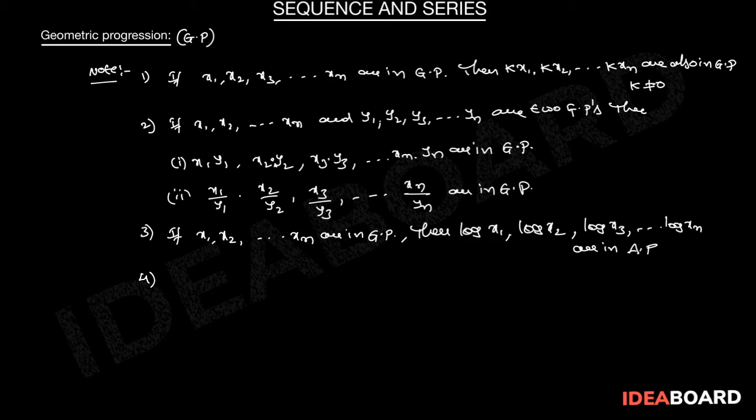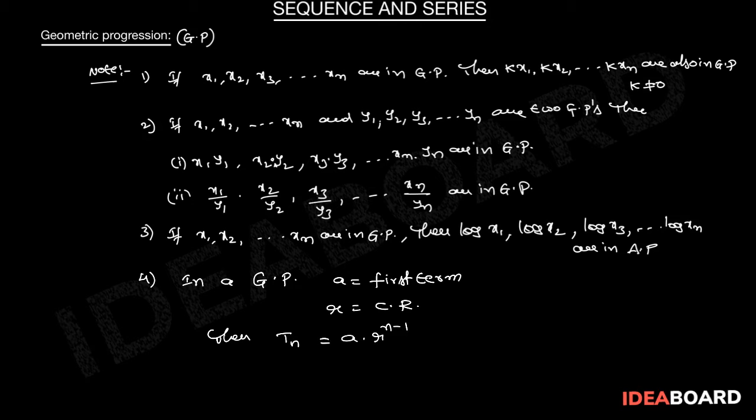Fourth point is, in a GP, a equals the first term, r equals the common ratio, then the nth term Tn equals a into r power n minus 1 and the sum of n terms Sn equals a into (r power n minus 1) by (r minus 1), r is not equal to 1, and S infinity, the sum of infinite terms, equals a by 1 minus r.